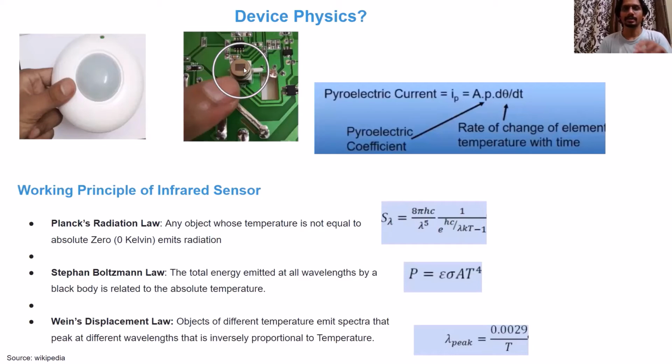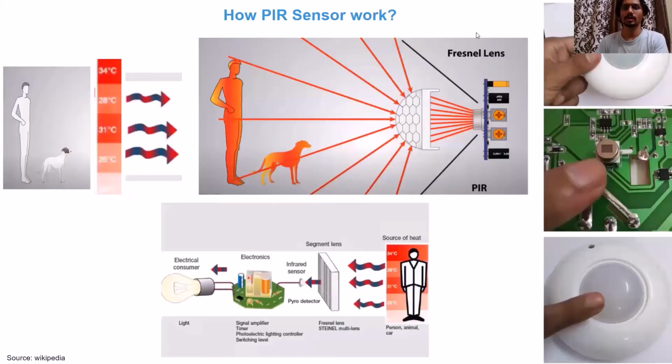This detector is made of pyroelectric material, which converts this change of heat energy into current, called the pyroelectric current. When the moving object causes a change in temperature, a current is generated in the detector. When there is no change, the generated current is 0. In that way, this device acts as a switch on and switch off.